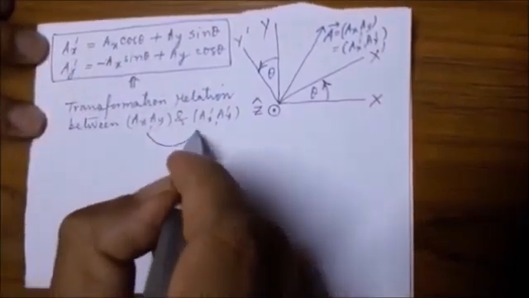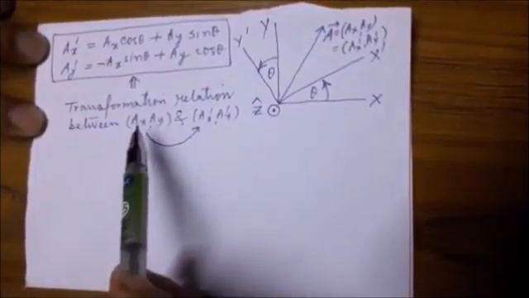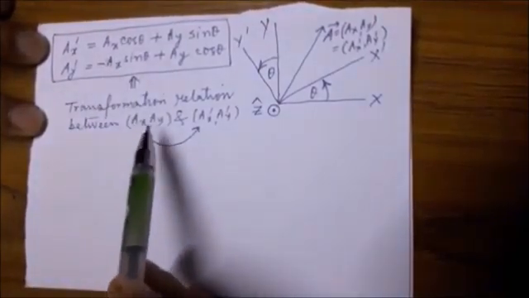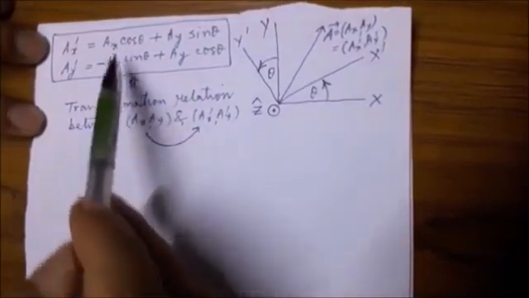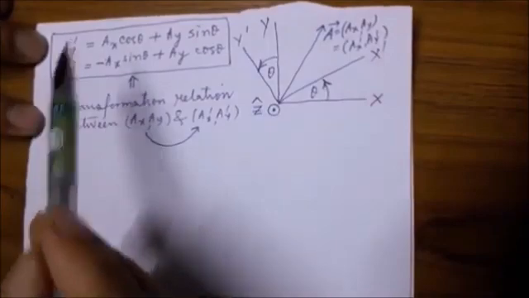So from here to here, this is what we get. So if we are supplied with the values of ax and ay, using these relations we can find the values of ax prime and ay prime.